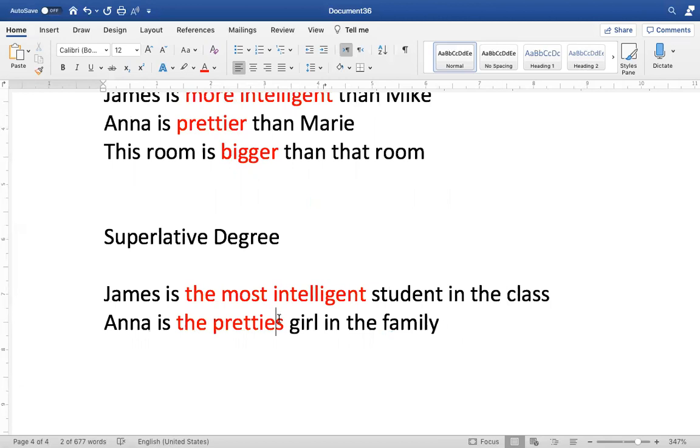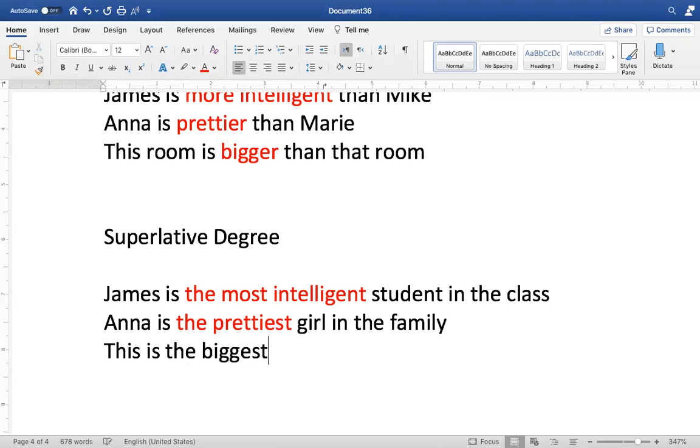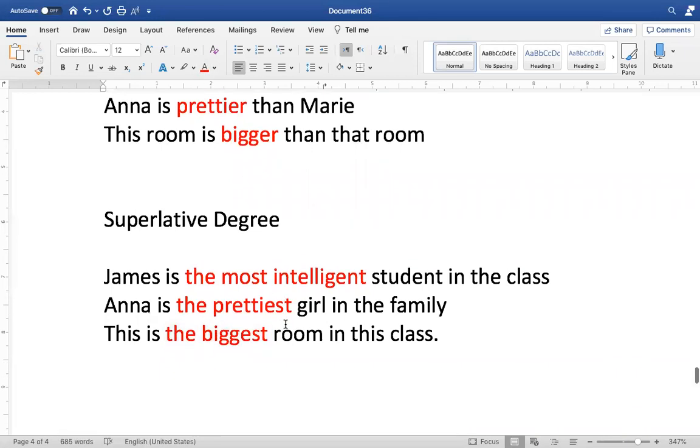The prettiest with a T. Then in the superlative form, you will simply say, this is the biggest room in the class, so the biggest is the superlative form.